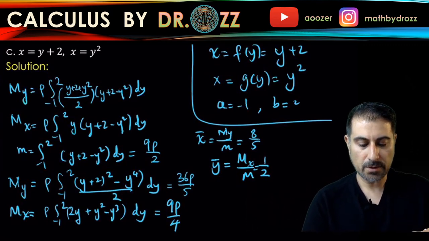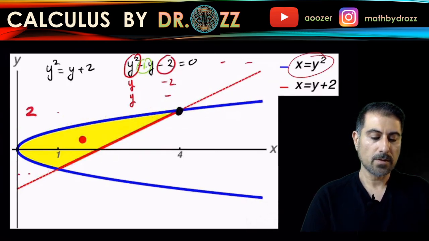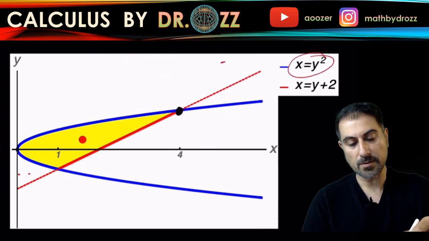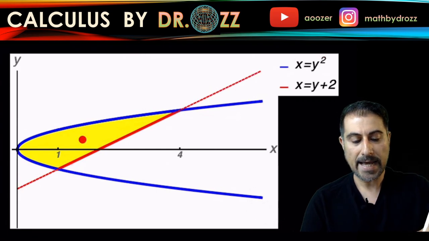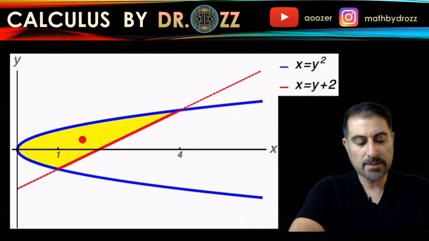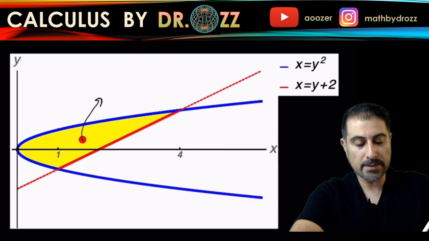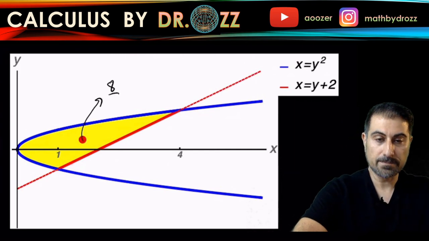So we can go ahead and write that down. Let me just clean this up a little bit to save some space here for us. Okay. So regardless of the density of the region, so this yellow region could be made out of steel or cotton or aluminum, doesn't matter. So this center of mass located right here is going to come with the coordinates 8/5 and 1/2.